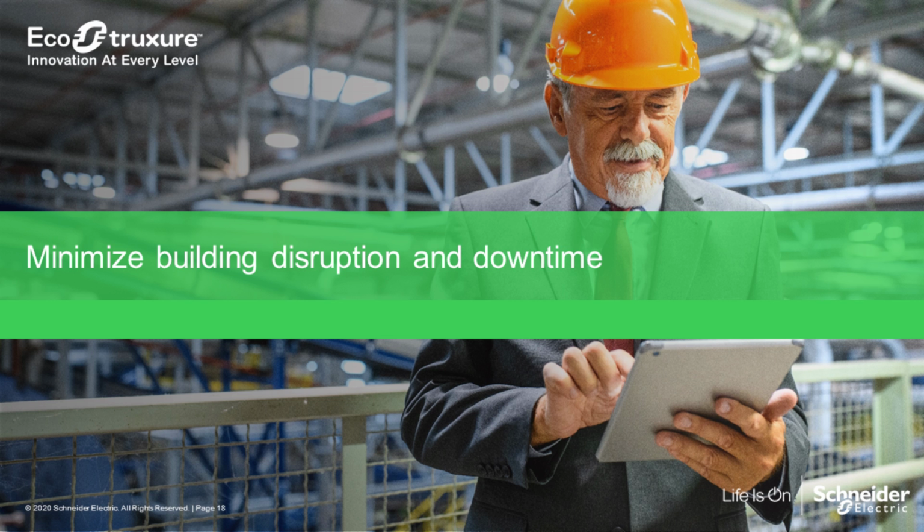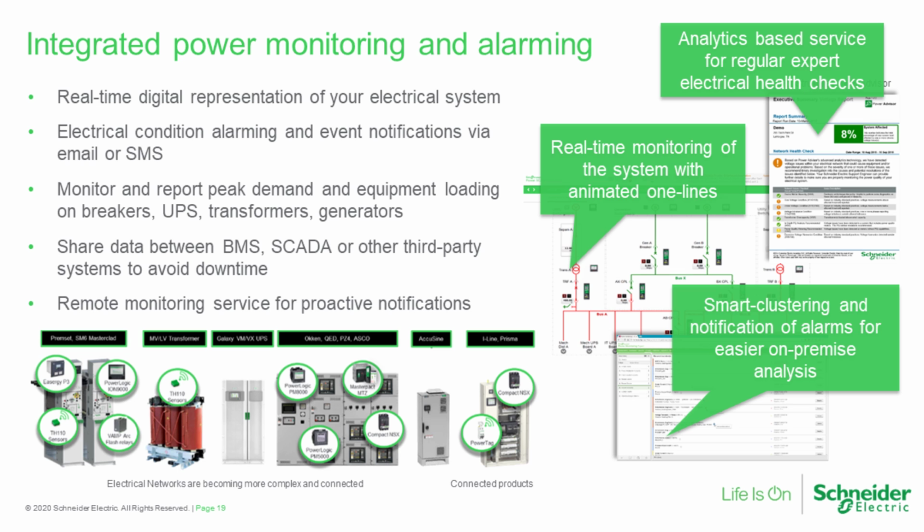Okay, so let's look at another area of value, which is how to minimize disruption and downtime in a building campus. From a power perspective, I would venture to say that a lot of operators are actually blind to many critical monitoring points today.